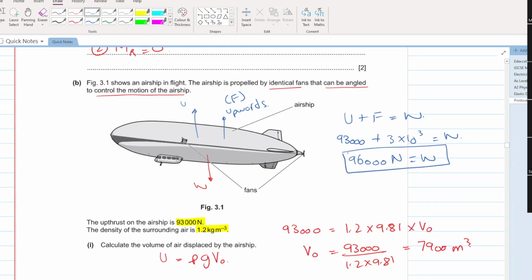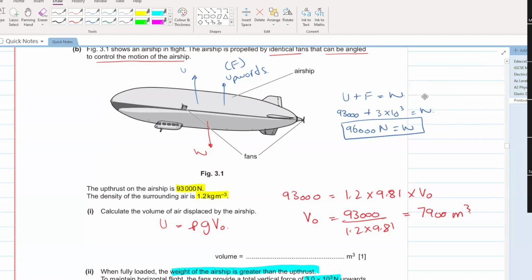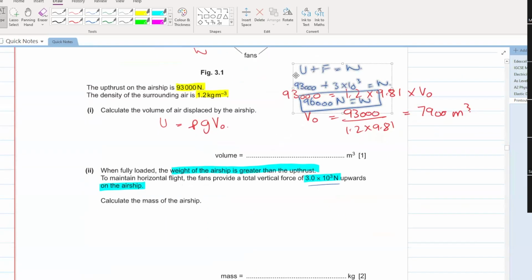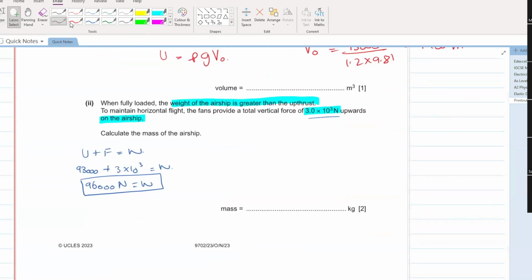Can you calculate the mass now? Very, very easy. Let me bring this working downward. You now just have to divide it by 9.81 to calculate the mass. Weight is equal to 96,000.